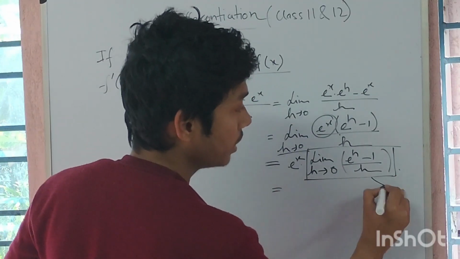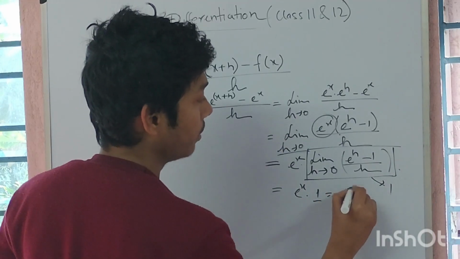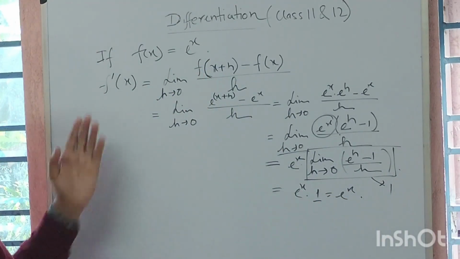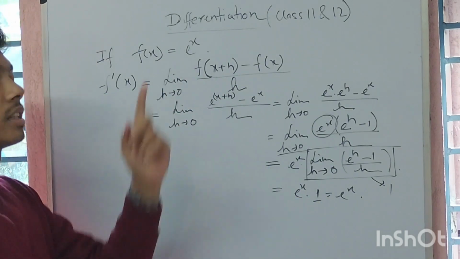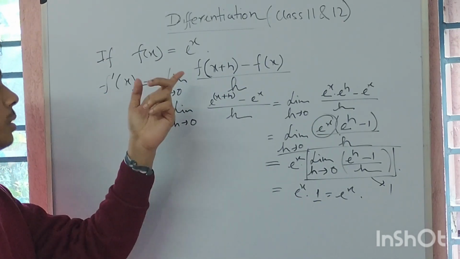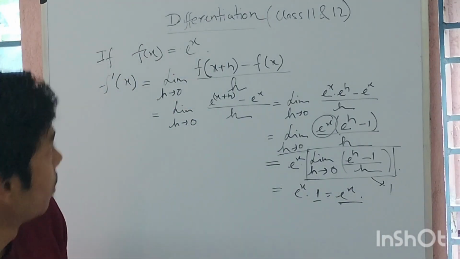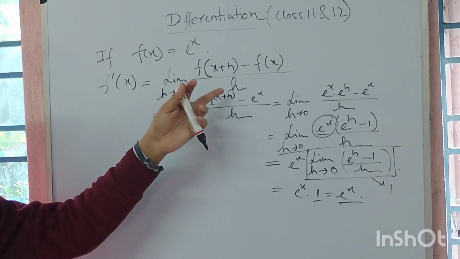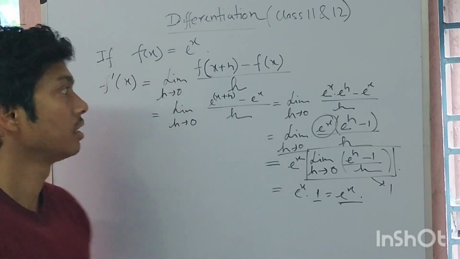It goes to 1. So it will be e to the power x into 1, which is e to the power x. So the differentiation at the point x is e to the power x for the function e to the power x. So for the function e to the power x, f dash x is e to the power x itself. So using this formula, I can find the differentiation of any function.